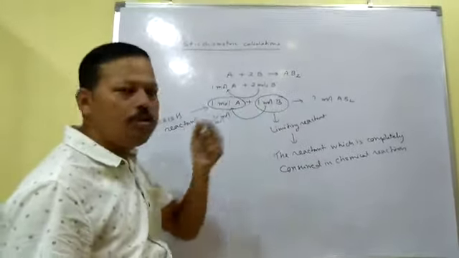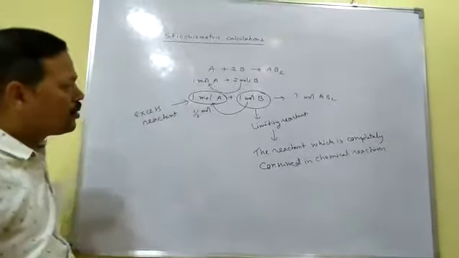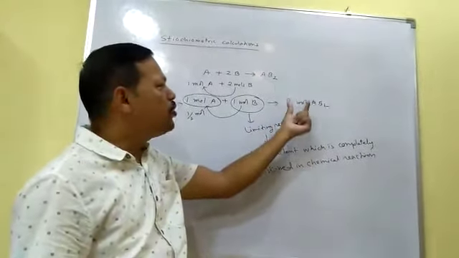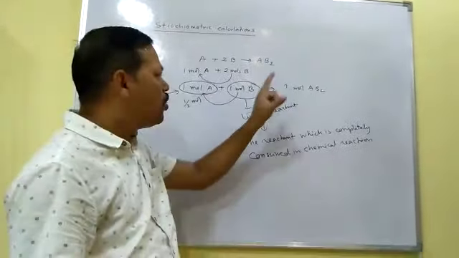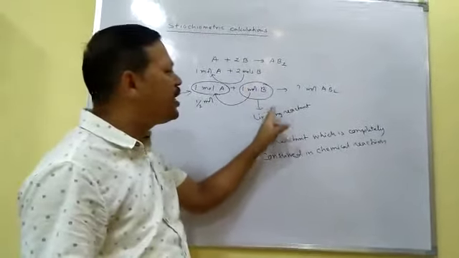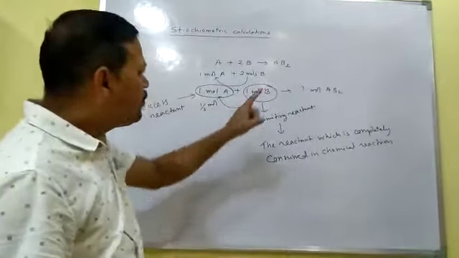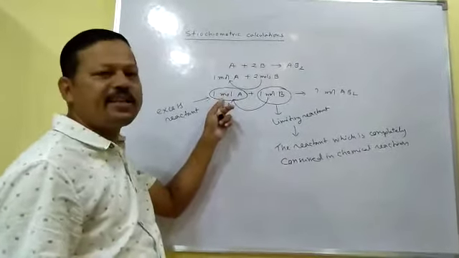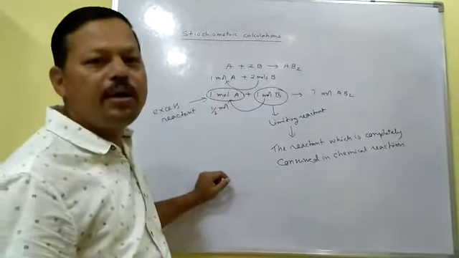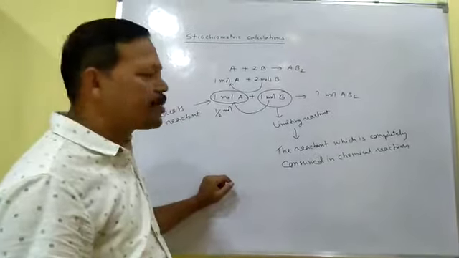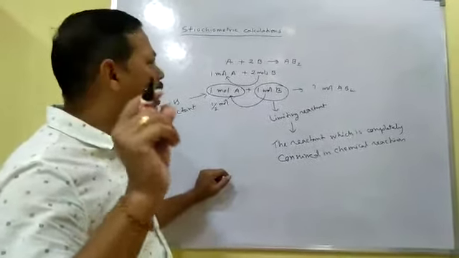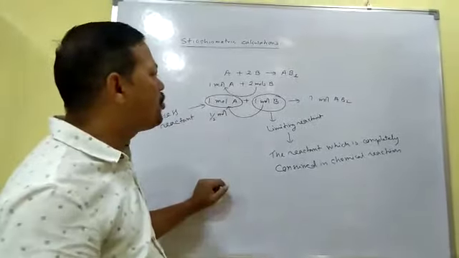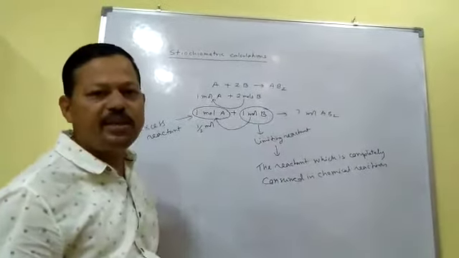But when you determine the amount of AB2, always determine it from the limiting reactant. If you calculate the amount of AB2 from the excess reactant, your calculation will be wrong. That means when you calculate the amount of product, always calculate from the limiting reactant.